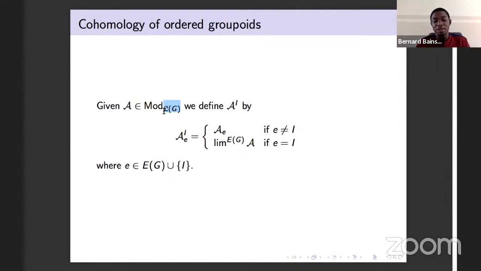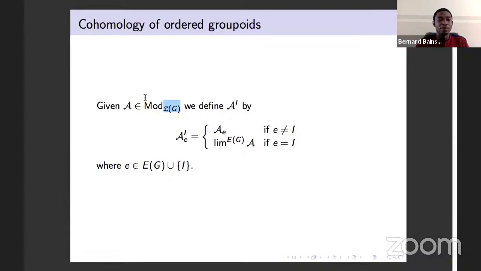And it turns out that we had to do a similar thing for ordered groupoids, to be able to capture the notion of extensions. So given an ordered groupoid G, we can introduce an extra identity I and then say that I is bigger than or equal to every other identity within G.